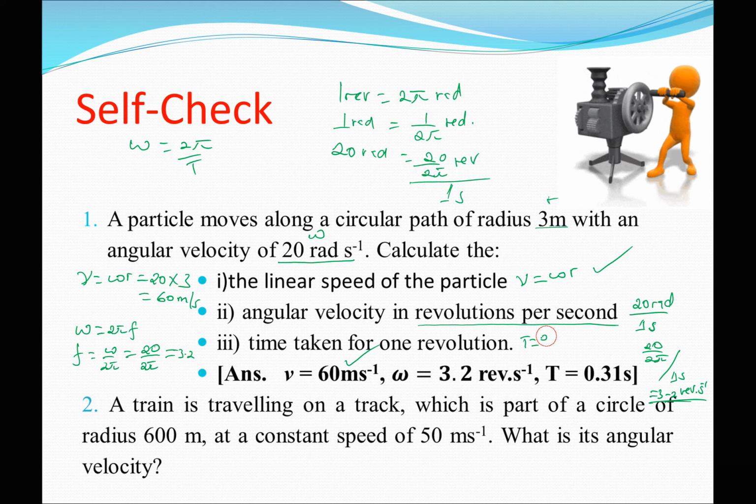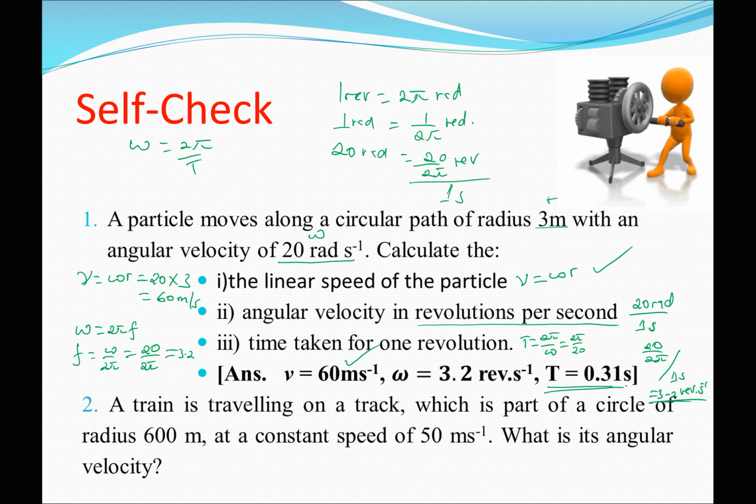So T is going to be 2 pi over omega. So that is 2 pi divided by 20, that is 0.31. So the period is 0.31. So you can try to verify those answers.